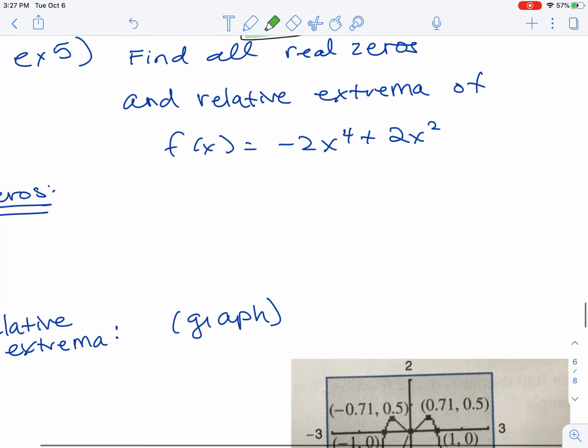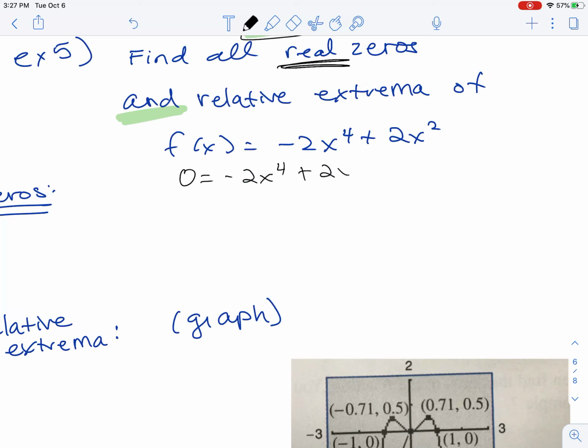Okay, so what if they asked you to find all the real zeros and relative extrema? We're going to do the same thing to find the zeros. We're going to set it equal to 0 and solve that first. Factor where you can. I'm going to pull out a GCF of an x squared. Now I'm left with negative 2x squared plus 2.